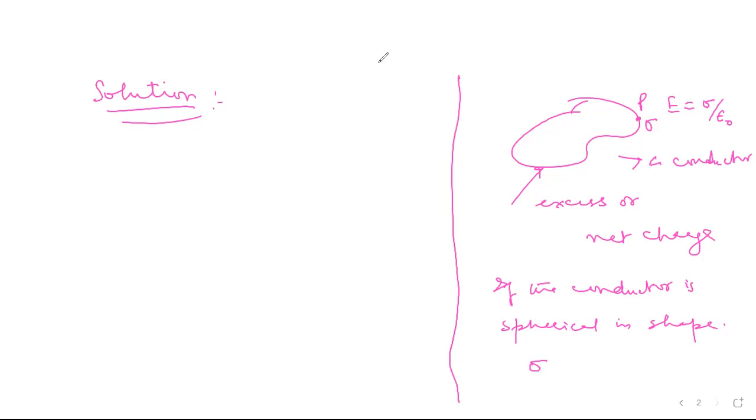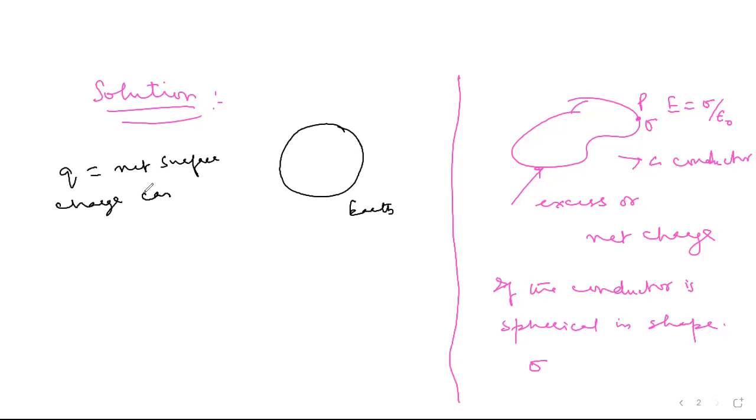Let me use another color. So I have Earth, this is my Earth. The problem says assume Earth to be a conductor. So it's my conductor, right? Now I have to find the net surface charge carried by the Earth. So let Q be the net surface charge carried by the Earth.